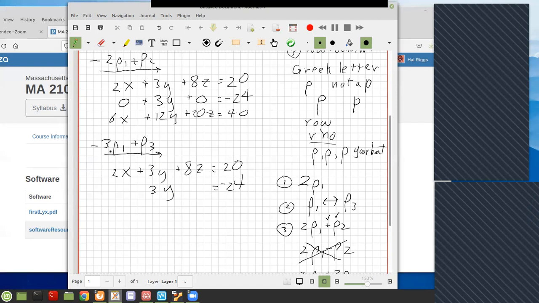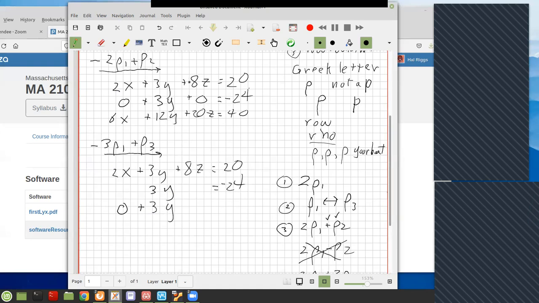Okay. Now we're going to add: -3 times 2x is -6, that's going to put a 0 here. Then -3 times 3y is -9y, which gives me 3y.